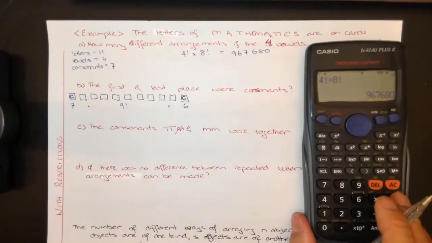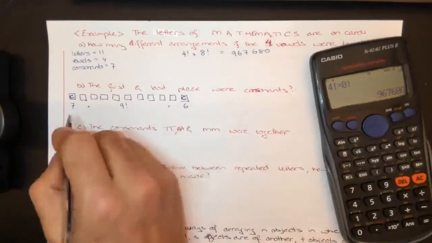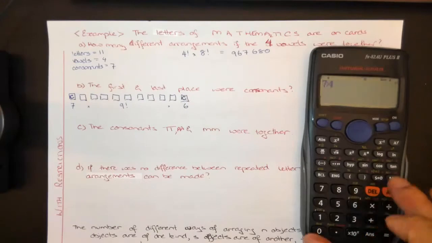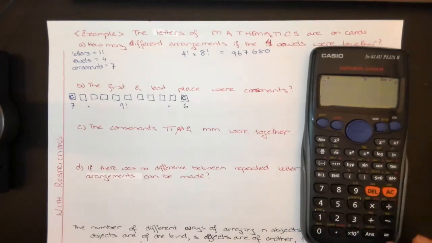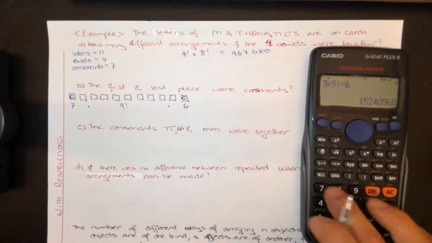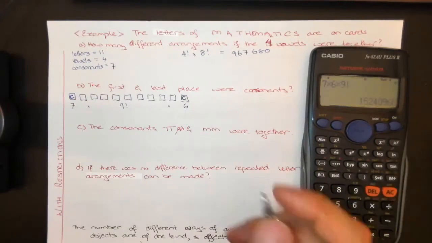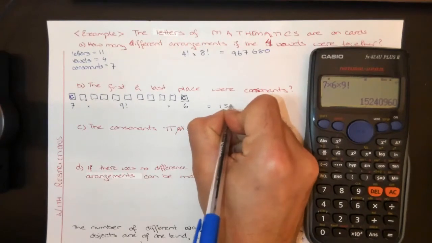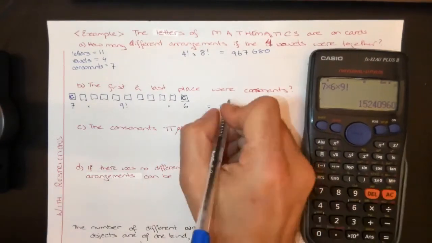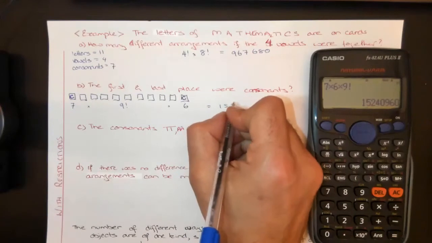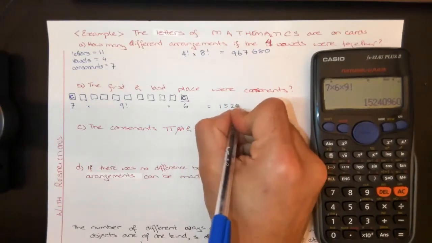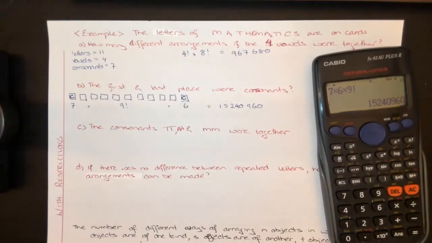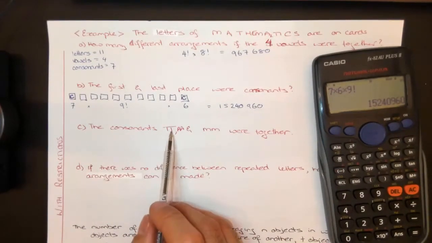Okay. So the solution to this will be 7 times 9 factorial times 6. So we get 15,240,960.